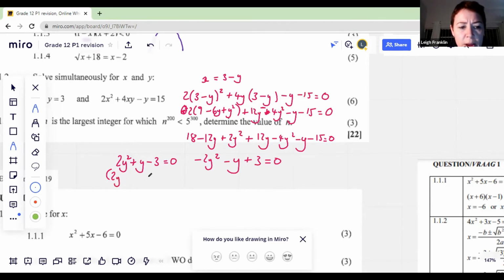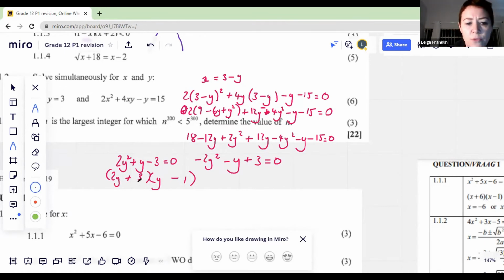Okay, so now because 2 is a prime number, it can only be 2 times 1. Okay, so getting 3 at the end here, one bracket has to have 3 at the back and the other one has to have 1 at the back, but we want plus 1 in the middle. So in this case, what we want to do is this. We want to say minus 2y plus 3y to give us that plus 1y in the middle.